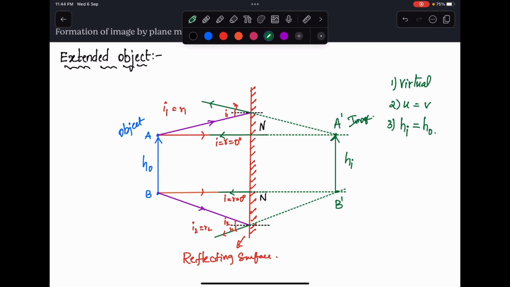And most importantly, there is one more characteristic represented by a plane mirror, that is lateral inversion. Sir, what do you mean by lateral inversion, sir? You might have observed in your day-to-day life that when you stand in front of a mirror and raise your right hand, it seems to be the left hand lifted in the image formed by a plane mirror.